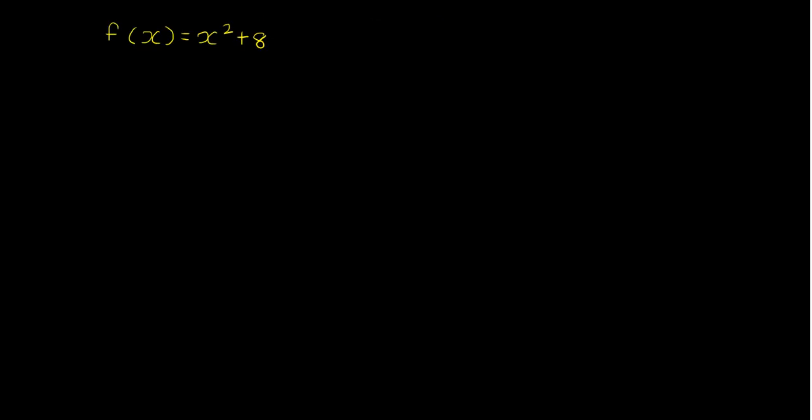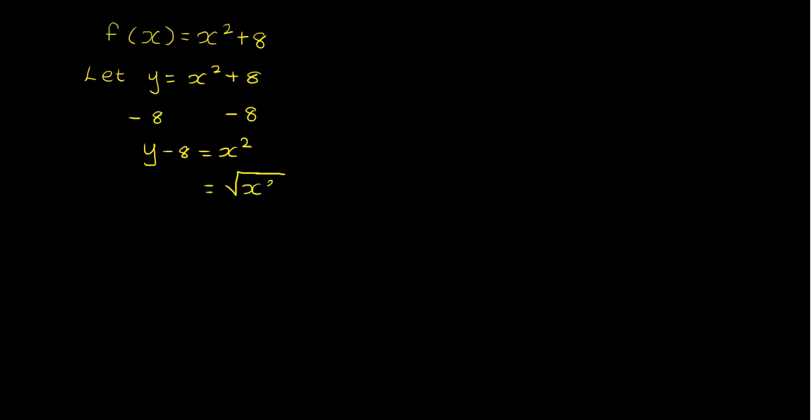This time my function f of x is x squared plus 8. Same situation. Let's start off with let y equals x squared plus 8. This time, again using that journey, first step, I'm going to subtract 8 from both sides. So y minus 8 equals x squared. Then to get x on its own, square root both sides.